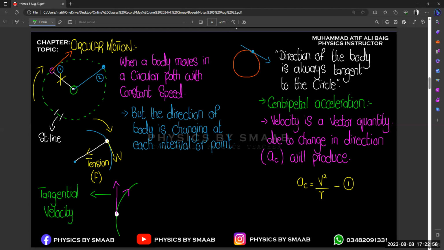And the second one is the angular velocity, which is moving in a circular path, because when a body moves in a circular path, it will always subtend some specific angle, right? We all know that in a circle shape, there will always be a concept of angle there. So that's why we use another concept of velocity that is known as angular velocity, right?